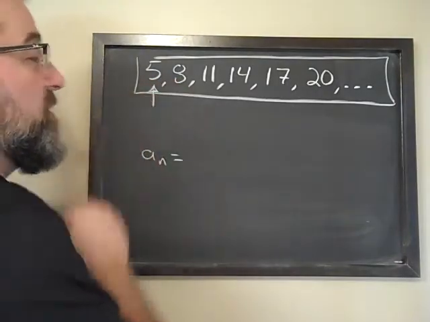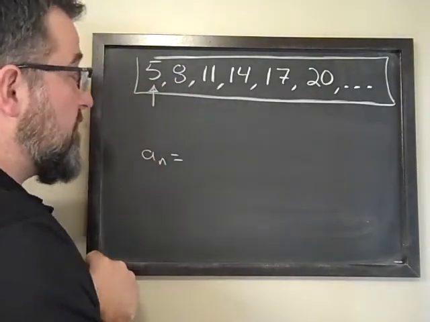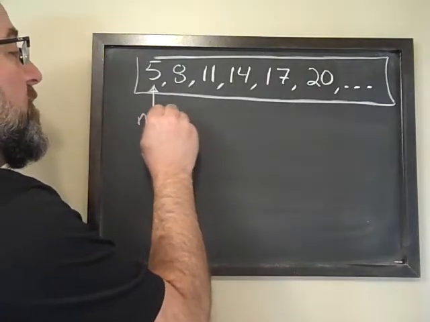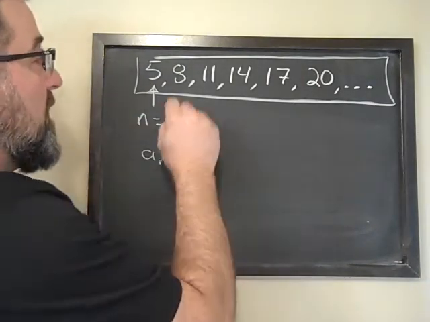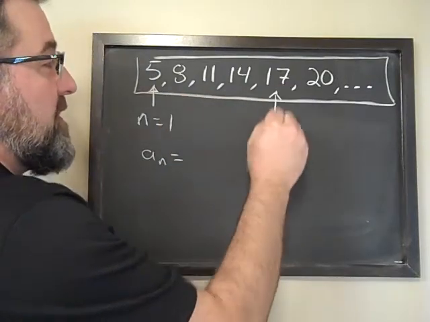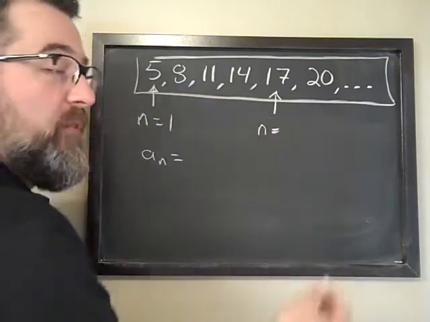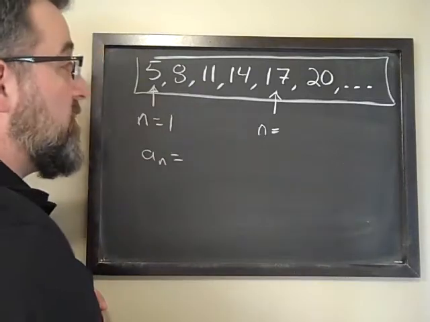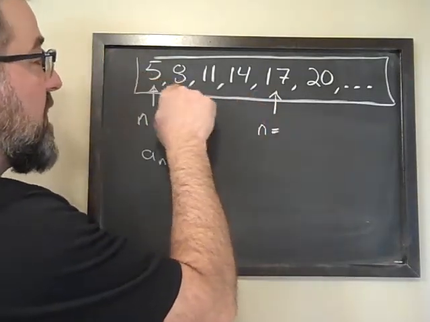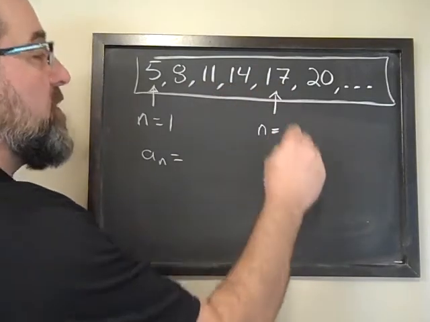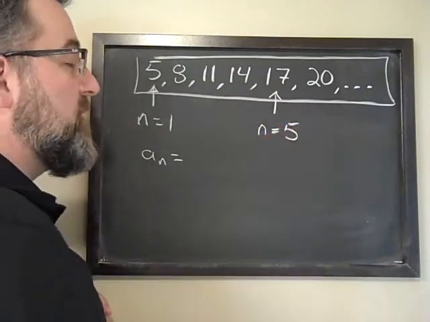So for the term 5, since we see it first, we know the value of n would be 1. If we're looking at 17 and I ask you what is the value of n, all you have to do is find the position in the sequence. So 17 is the first, second, third, fourth, fifth term, so n is 5.